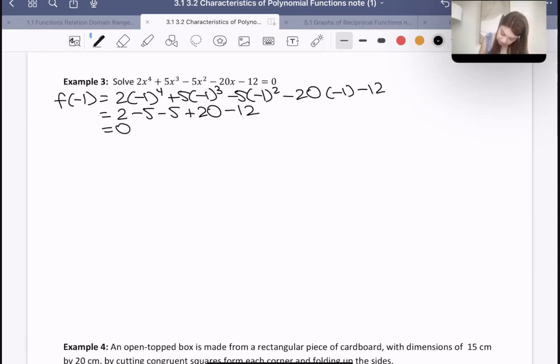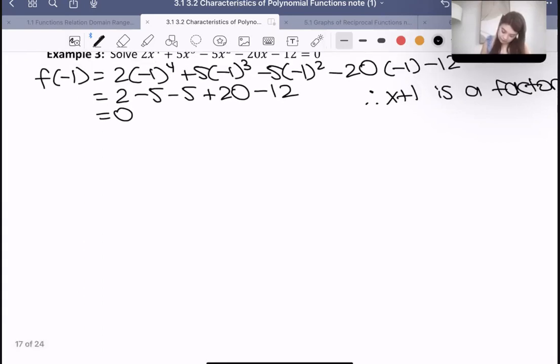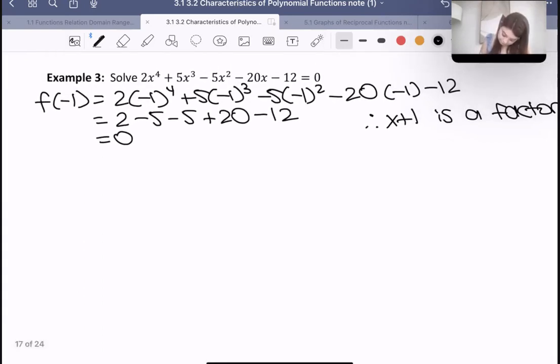That is 0. So excellent. That means x plus 1 is a factor. So now that we know it's a factor, we've got to do long division here. So let's do that. We have x plus 1 out here, and then here in our division brackets, we have all of this.